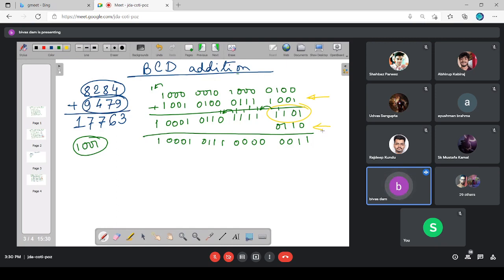Now, during the second addition operation, there was a carry from the least significant nibble to the next higher nibble, then from this nibble to the next higher nibble. So, as per our convention or the rule, we have made special markings. But this particular special marking was made while taking the corrective action for that specific nibble.